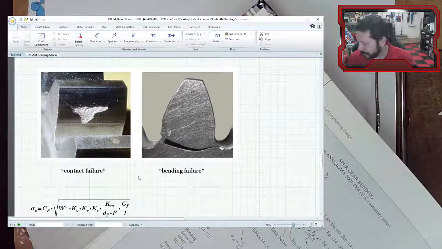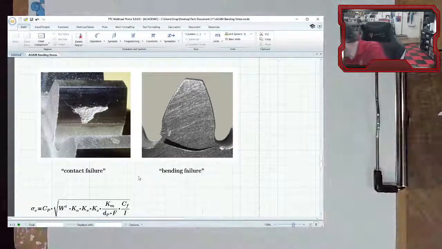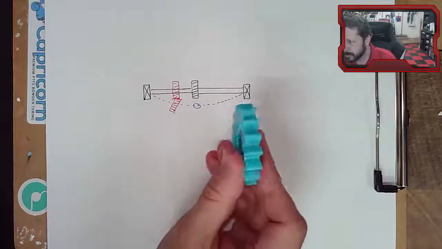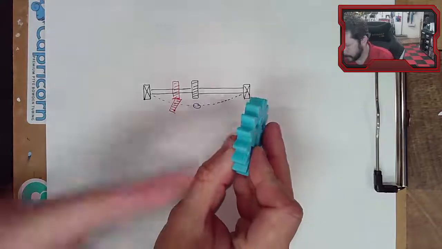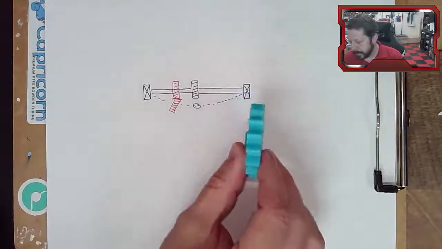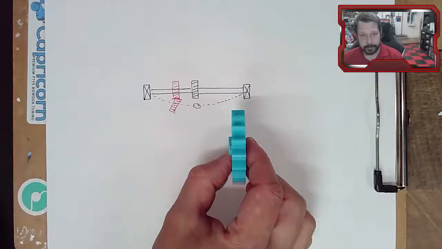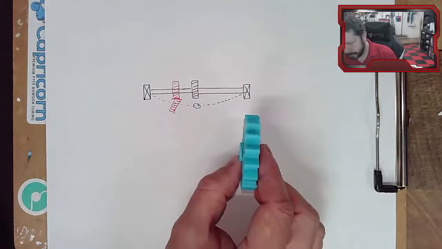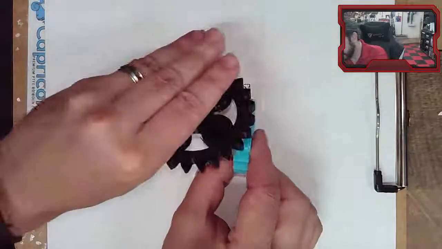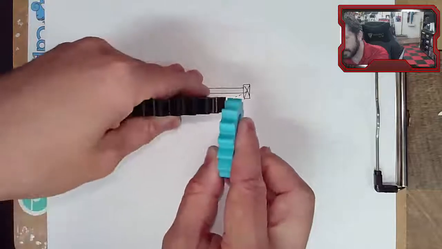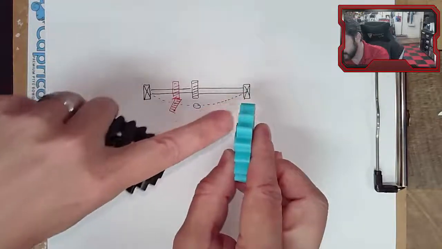Because what we have looked at is spur gears with straight teeth. You know, they're not helical. And you can have helical gears where the teeth are at a line. You can have bevel gears where they mate together like this, at an angle, maybe not a 45-degree angle all the time, but at an angle, which changes the shape of the teeth also.